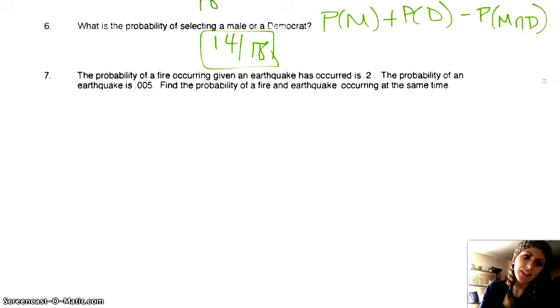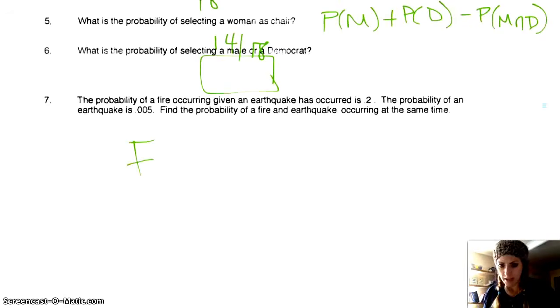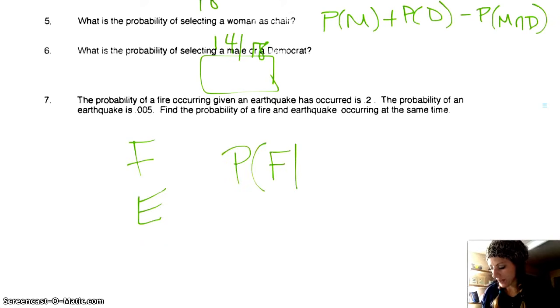Alright, number 7. Probability of a fire occurring given an earthquake has occurred is 0.2. We are given that an earthquake has occurred, so our 2 events to look at are fire and earthquake. The probability of a fire given an earthquake is 0.2.